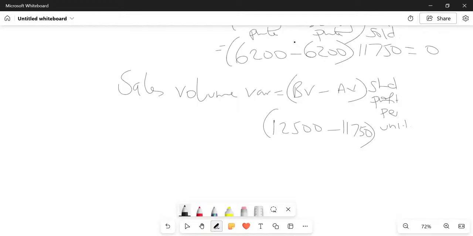Are you not able to see the standard profit? 8,850,000 divided by how many units here? 12,500. You'll end up getting the same because already they have given me the total profit in the budget. What I just need to do is divide it to get profit per unit.